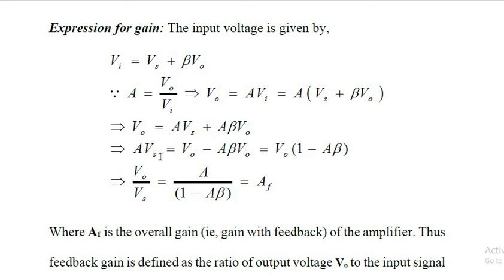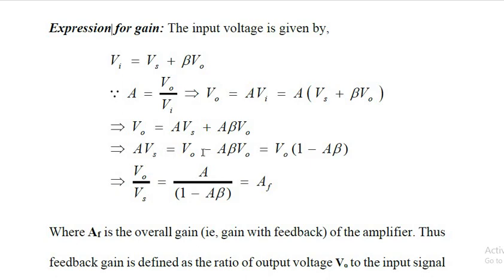So we get AVs is equal to Vo minus A beta Vo. Now Vo is common in this, take it out. So Vo into 1 minus A beta. What is the formula for gain? Gain is equal to output voltage by input voltage. So here we have output voltage by signal voltage Vs, that is equal to A divided by 1 minus A beta.